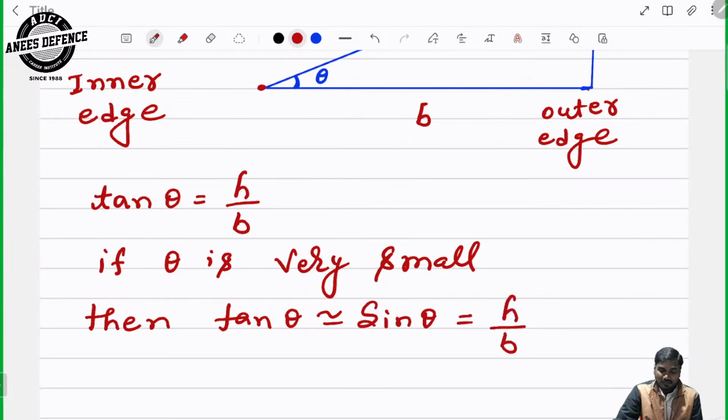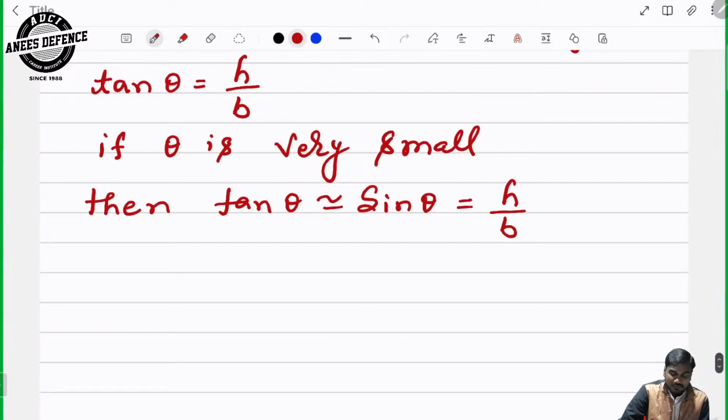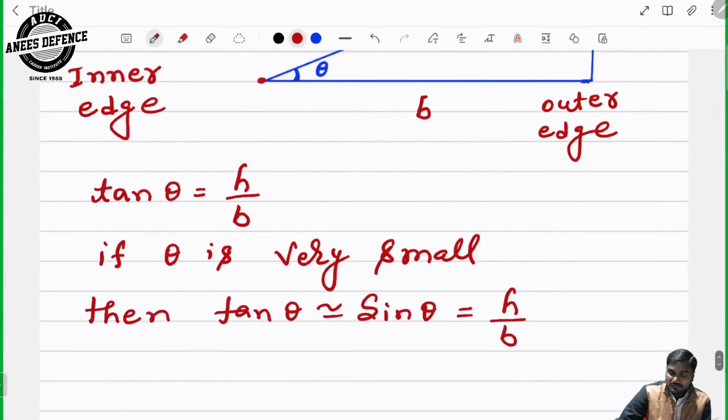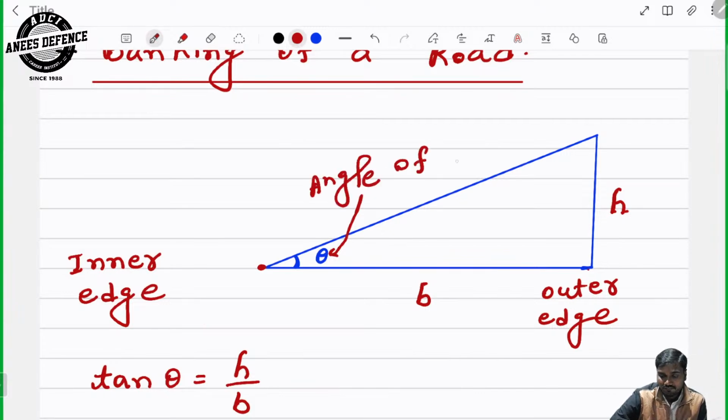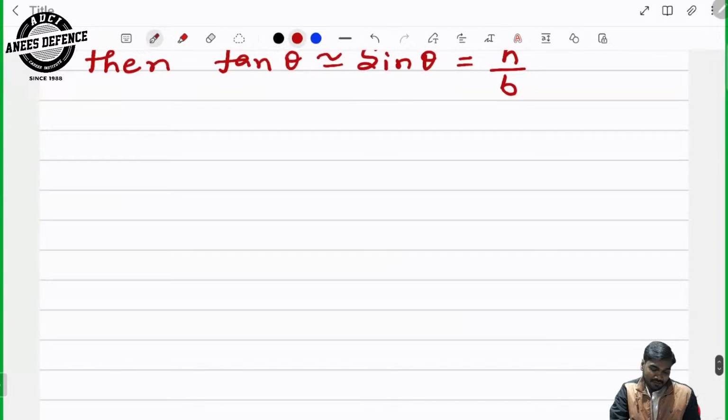Yes or no? So here theta is nothing but what? Angle of banking. Clear? Okay.